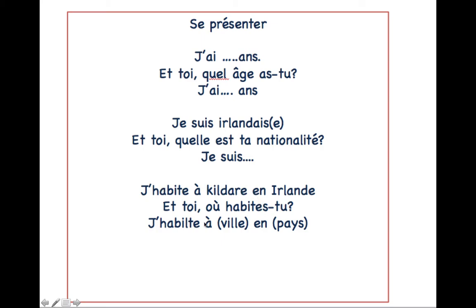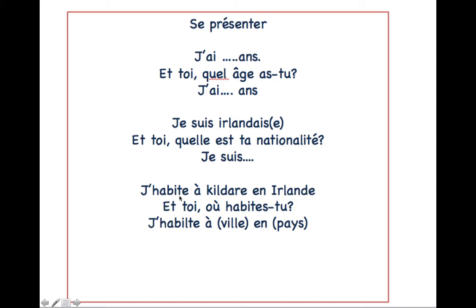When you are talking about where you live, unlike English where you say I live in Kildare in Ireland, in French you have a different word depending on whether you're talking about the town or the country. And this is very important for your junior cert. For a town, you have to say à, and for the country, you have to say en, or en depending on whether it's followed by a vowel.